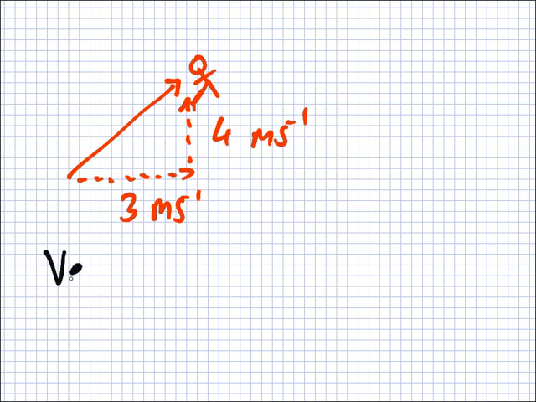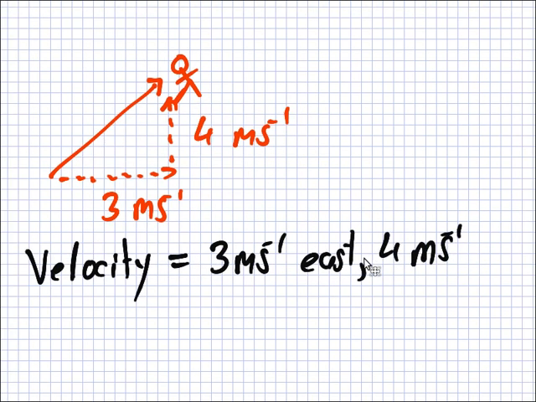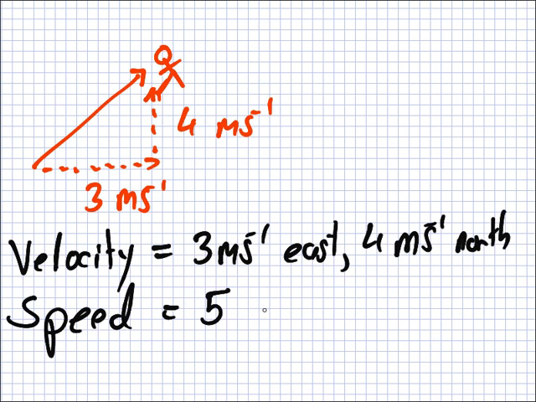We say his velocity is equal to, well, I can just write 3 meters per second east and 4 meters per second north. But I can say his speed is equal to 5.